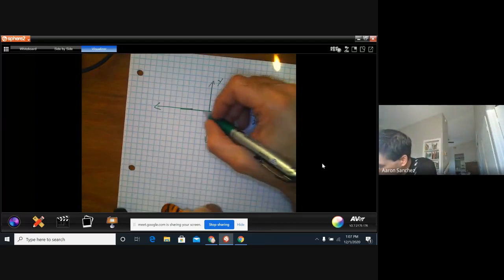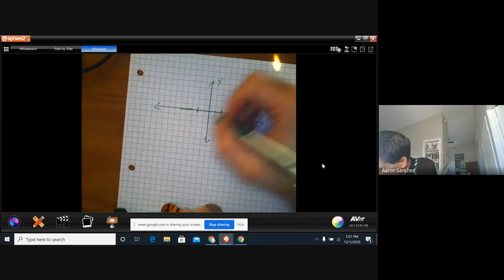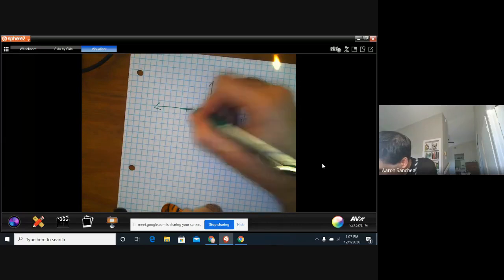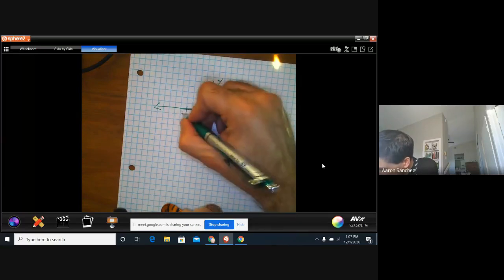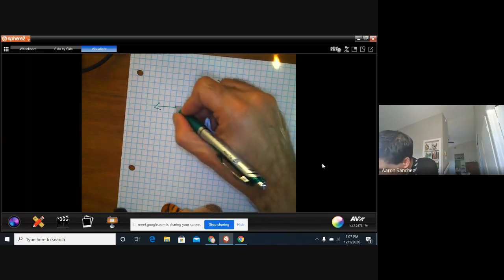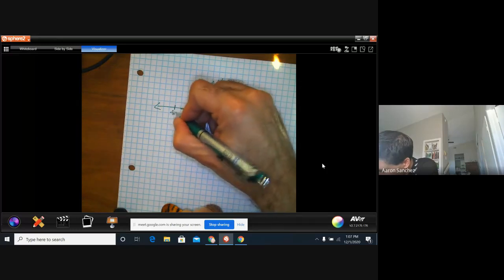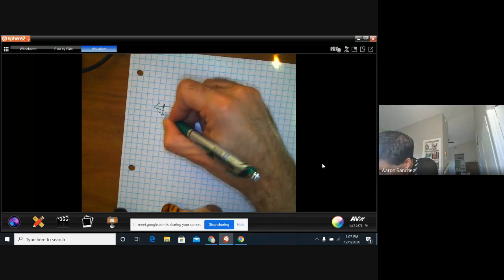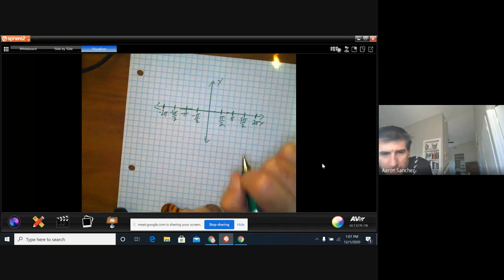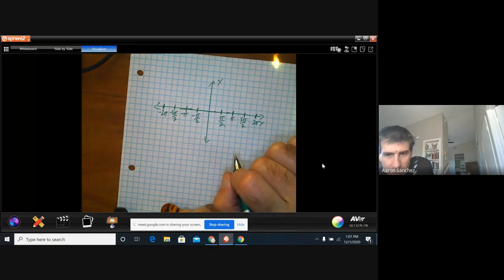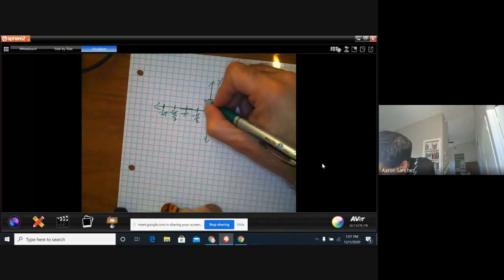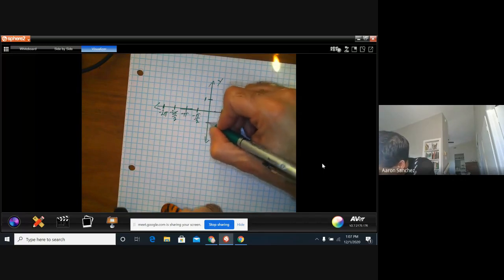Backwards will be negative pi over 2, then negative pi, then negative 3 pi over 2, and then negative, famous wrapper, 2 pi. There's our coordinate plane. Let's only go up 1 unit. I skip 1 to make each one worth a half. This will be negative 1.